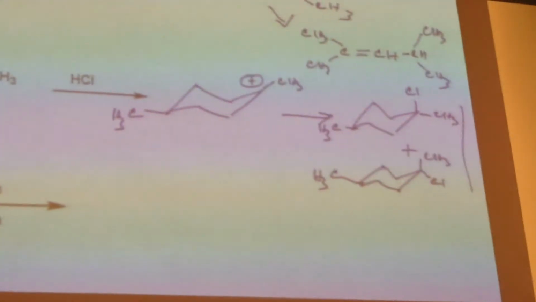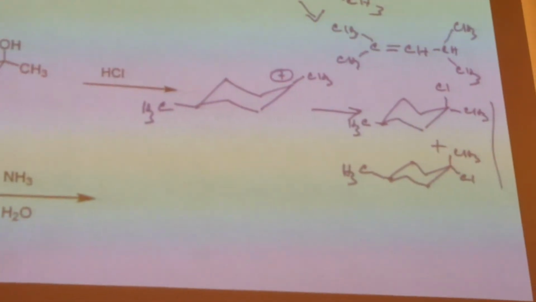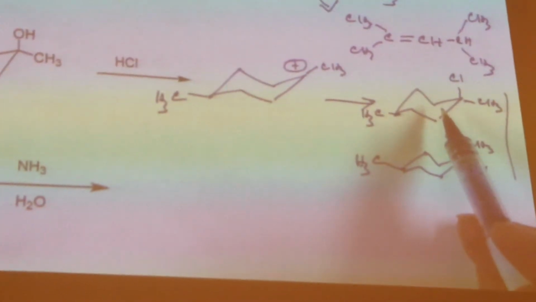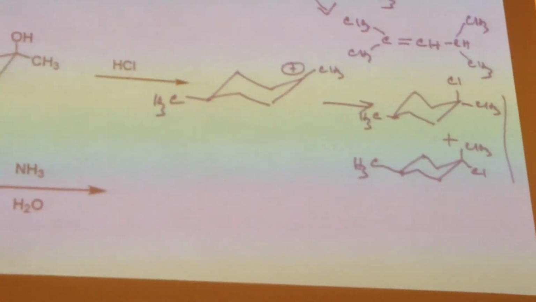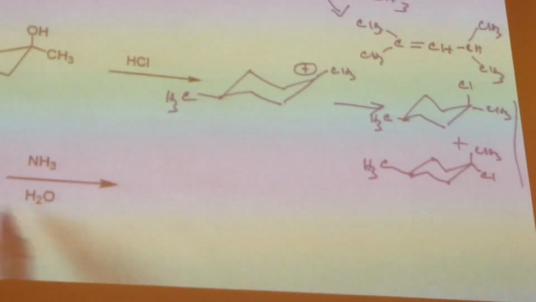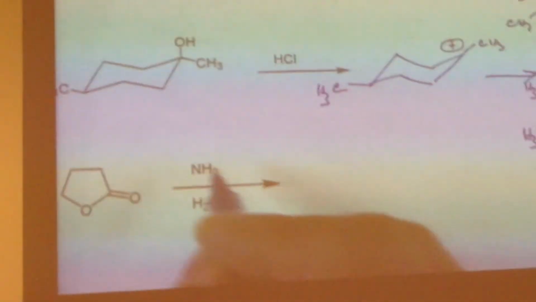Again, in this case, the conditions will determine what will be formed predominantly. This is thermodynamically more stable, so the first one would probably be the major one. This reaction again is from chapter 19: the ammonia attacks this carbonyl group.